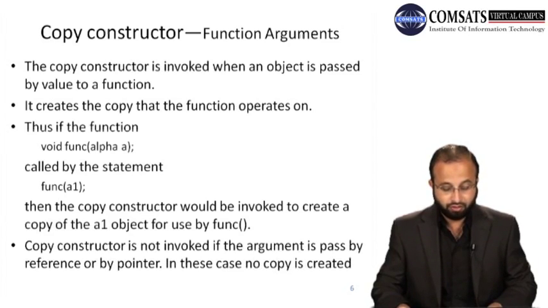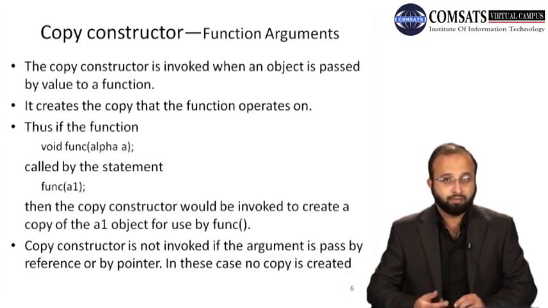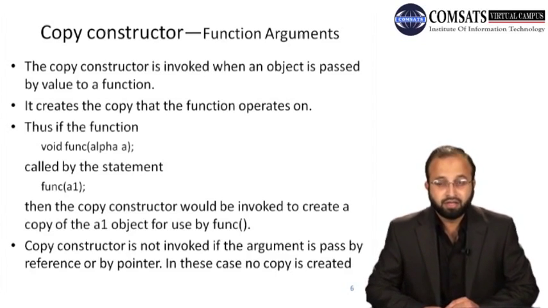Thus the copy constructor is not invoked if the argument is passed by reference or by pointer. In these cases no copy is created. So if you pass by reference or pass by pointer, then you are passing simply the memory address, right.